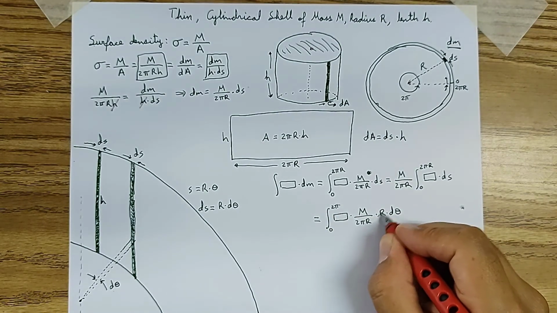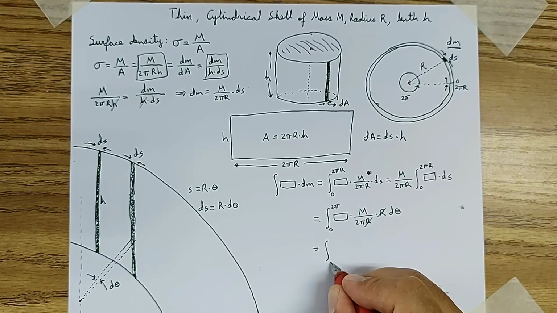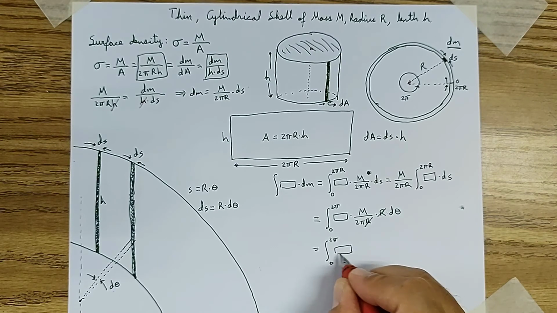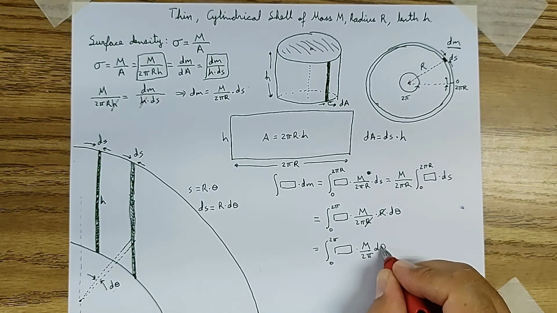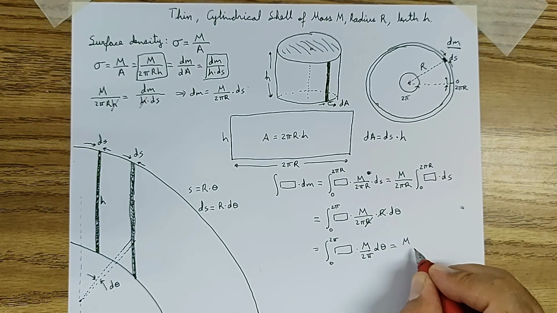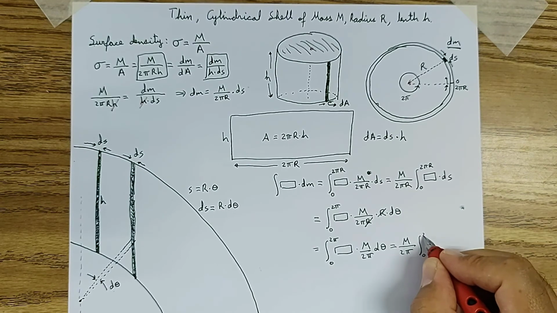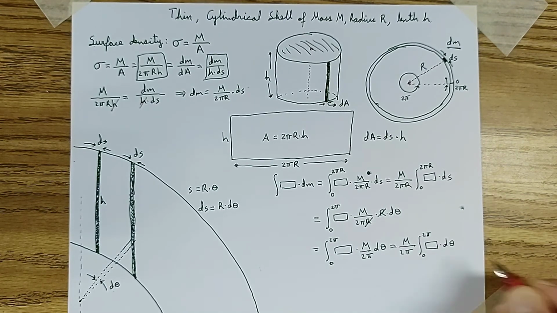The radius cancels out, and so that integral can be thought of as the integral from 0 to 2 pi of the given function times mass over 2 pi d theta, or mass over 2 pi integral from 0 to 2 pi of the function d theta.